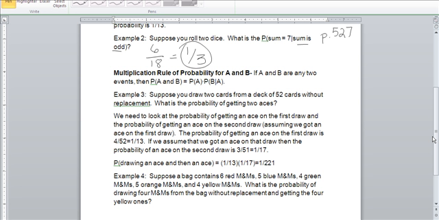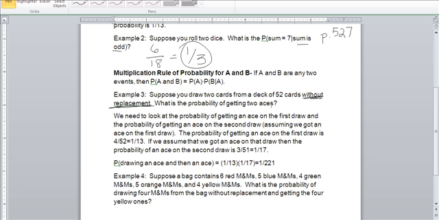So that's the probability of B given A. So suppose we draw 2 cards from a deck of 52 cards without replacement. And this is where you have to pay close attention when you're working on the problems with replacement or without replacement. So it does make a difference. So what is the probability of getting 2 aces?